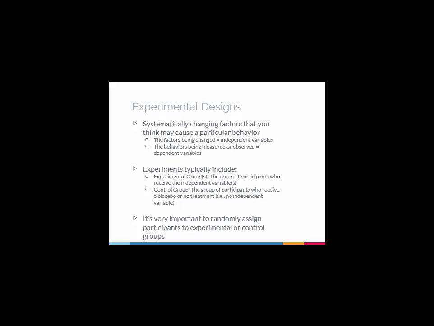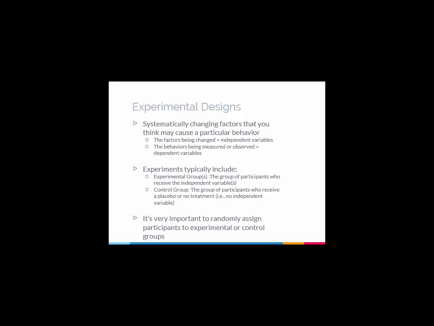So, experiments typically include an experimental group, or the group of participants who receive the independent variable. They also would include the control group, or the group of participants who receive a placebo or no treatment. So in this example, maybe my experimental group are the group of participants who have stressed out.